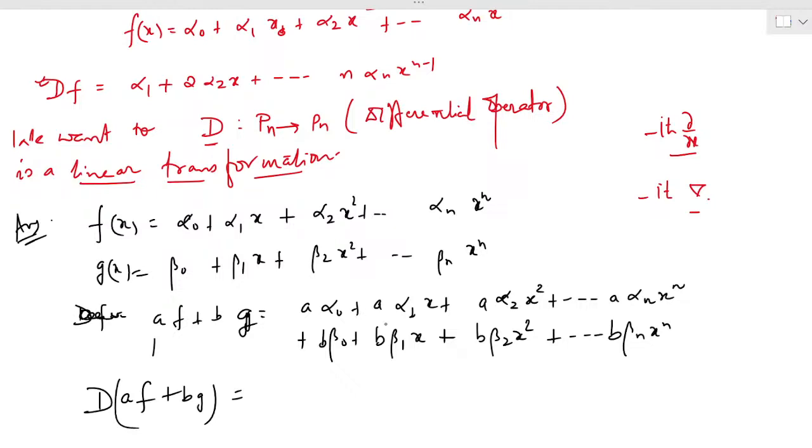This operator, according to this definition, is going to differentiate it.